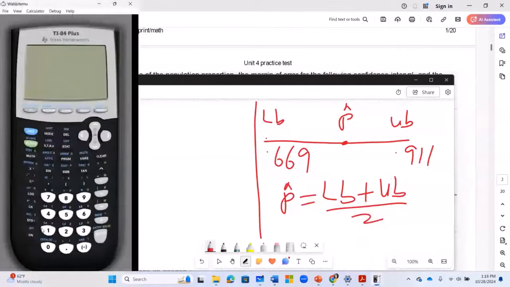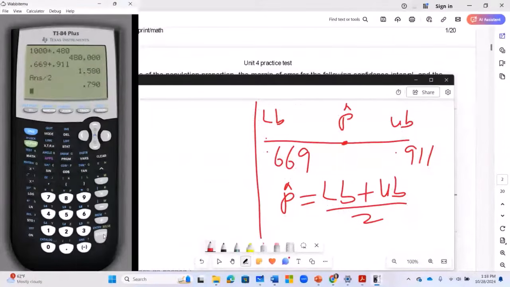All right, so I have 0.6669 plus 0.911. If I hit enter, then I divide by 2. Then I find the sample proportion, or the point estimate.